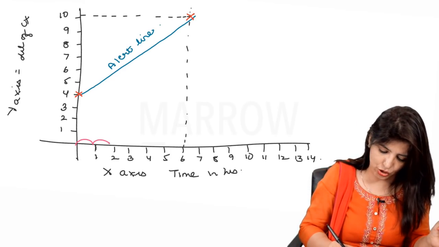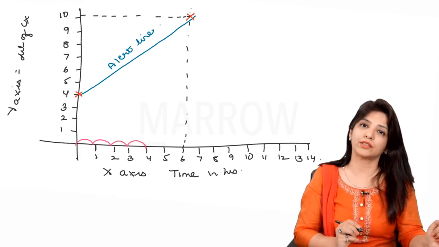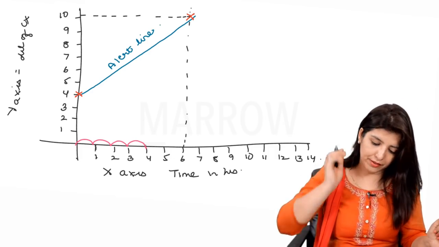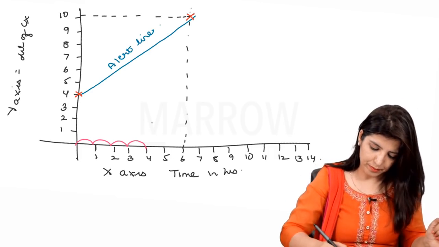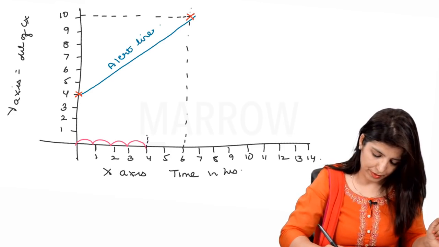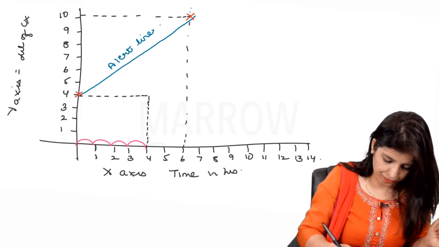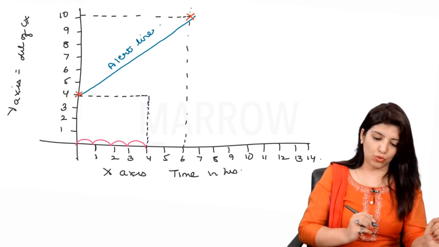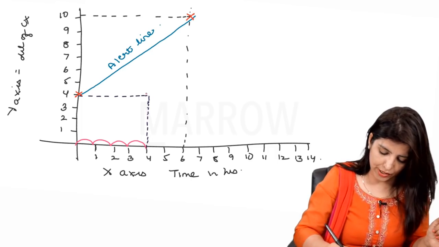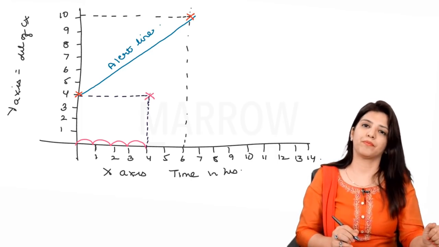So 1 hour, 2 hours, 3 hours, 4 hours. So from here, my action line will begin, right? Where these two lines are meeting, I am marking it with an X.